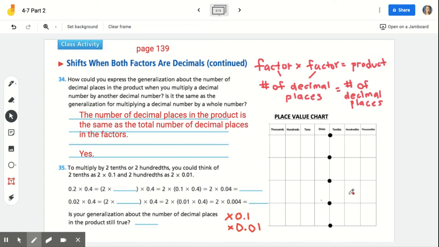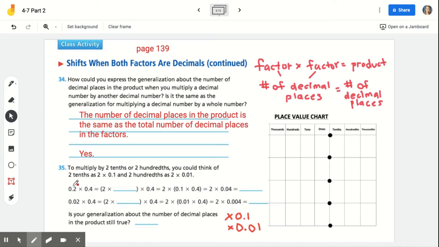So if we wanted to use our place value chart, for example, 2/10 times 4/10, well, I can't use my shifting pattern just yet because 2/10 and 4/10, those aren't base ten numbers. These are, okay? But we can rearrange some numbers and some place values to have 1/10 or 1/100th in our multiplication problems for us to use our place value chart.